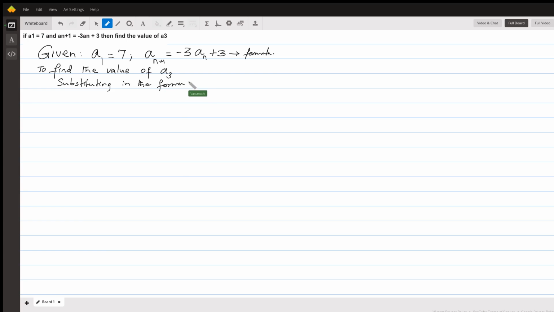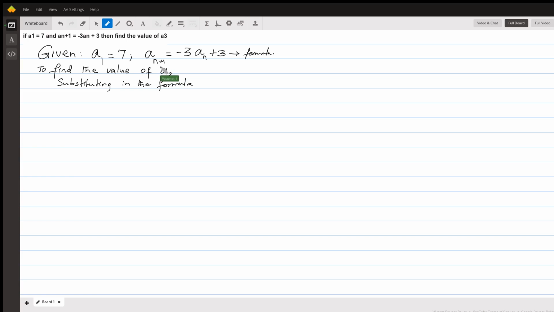To find any term that has the order n plus 1 in the sequence, that's the formula, right? So now this 3 is equivalent to n plus 1, which means n is actually 2.